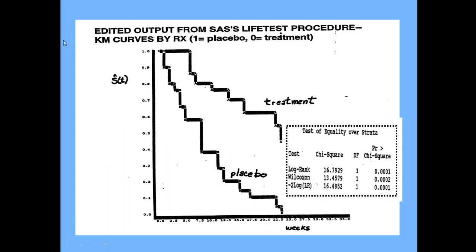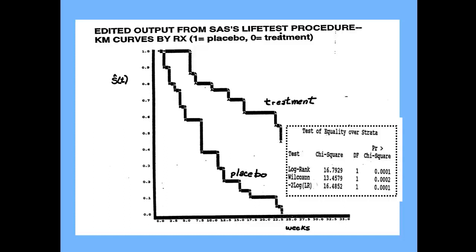Now, in order to do this, placebo was labeled as 1 and treatment was labeled as 0. Why was that done in the data set? I didn't show you the data set exactly, but why was that done? You remember when we got the hazard ratio of 4.6?